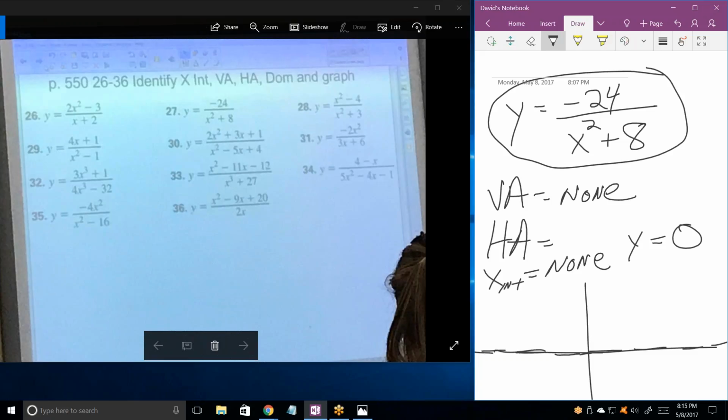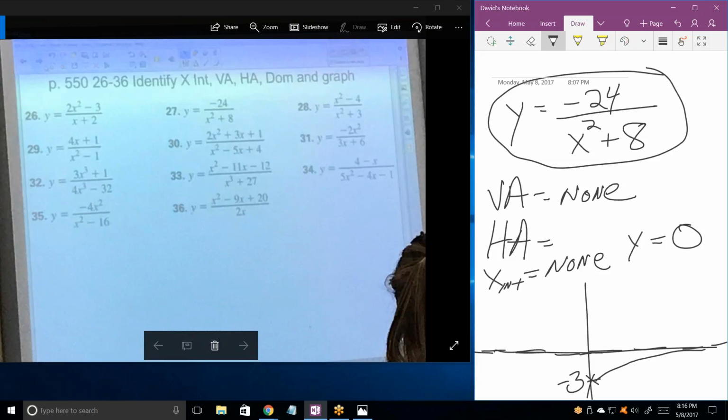If x were 0, that'll give us the y-intercept, which is minus 3. And we know we have a horizontal asymptote at y equals 0. So as x goes to positive infinity, this curve's got to get close to that horizontal asymptote.